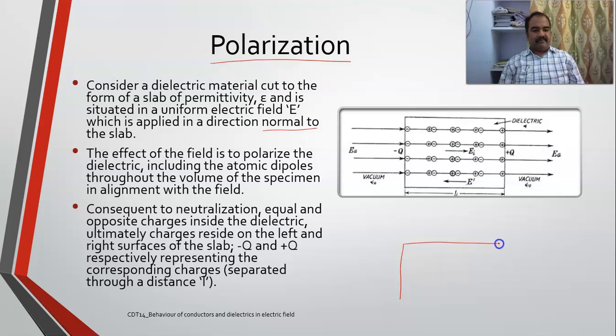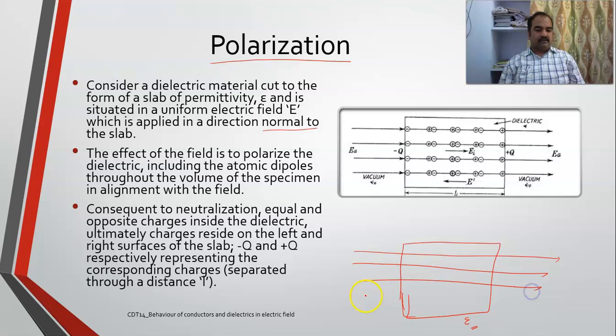I'll take a slab, a two-dimensional or three-dimensional material, made up of a dielectric material with this permittivity, and I am placing it in an electric field. This electric field is normal to the surface of the slab.